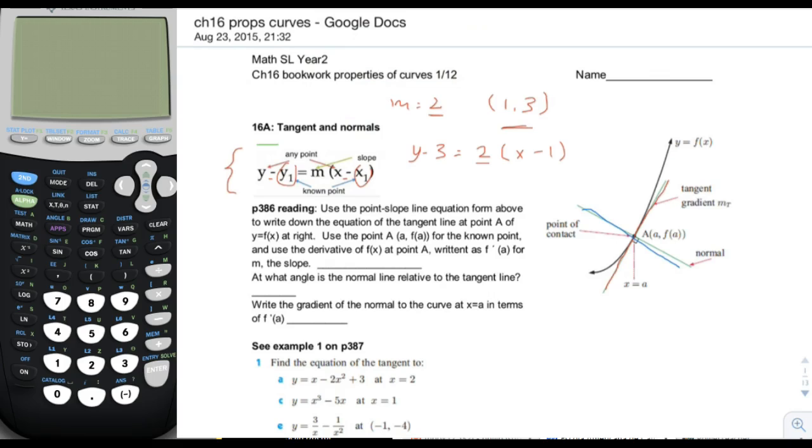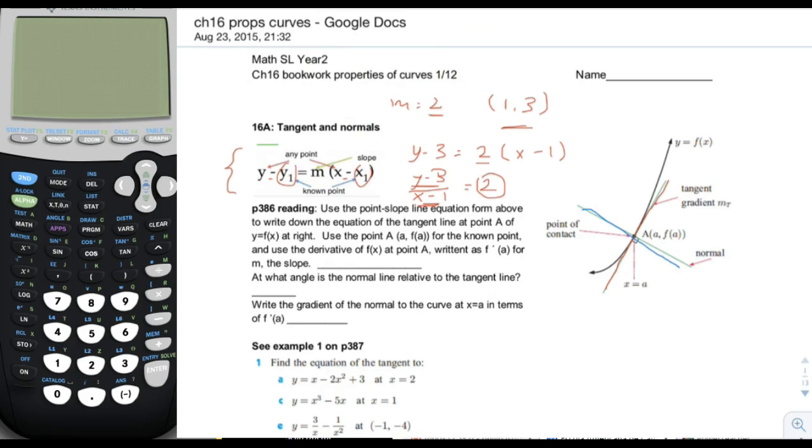If you manipulate the function so that you divide both sides by x minus 1, you'll see that you get y minus 3 divided by x minus 1 equals the slope 2. And you can see that the slope, which is 2, is actually equal to the difference in y's over the difference in x's, which is the equation for the slope.